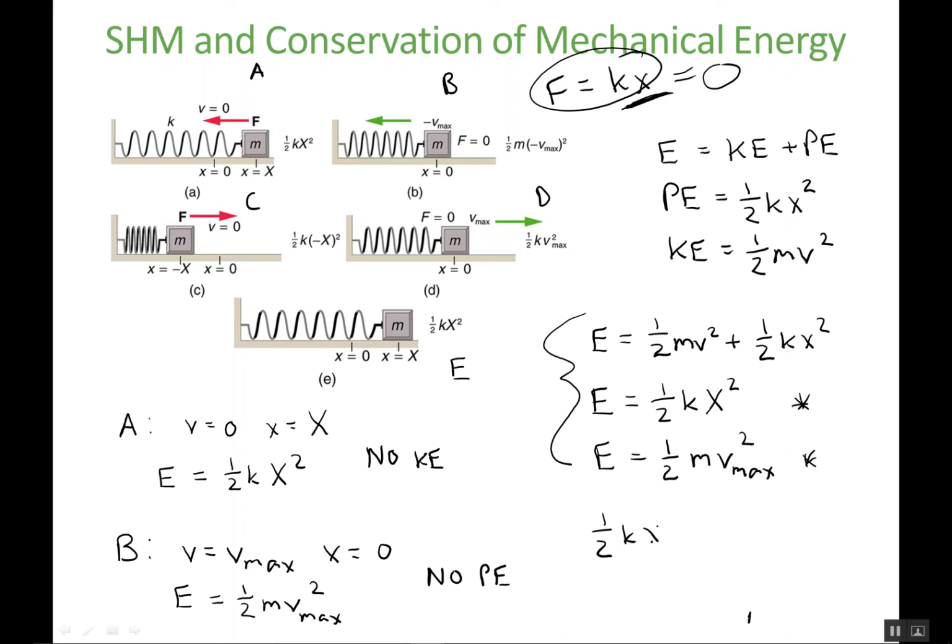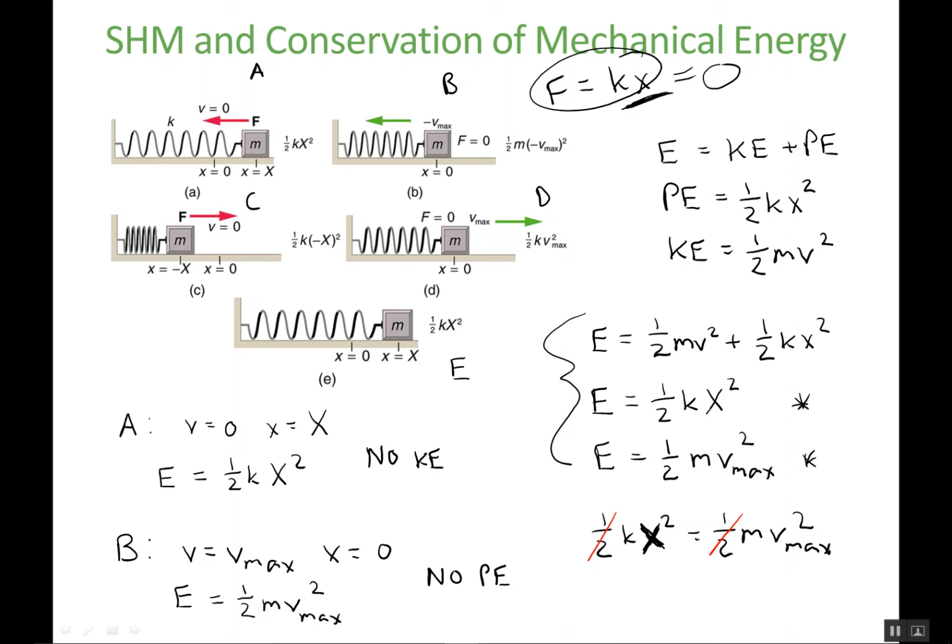1/2 k x squared equals 1/2 m v max squared. So we've got to be careful. This is a capital X, where little x is equal to capital X, the amplitude. And there's a 1/2 on both sides, so they cancel.